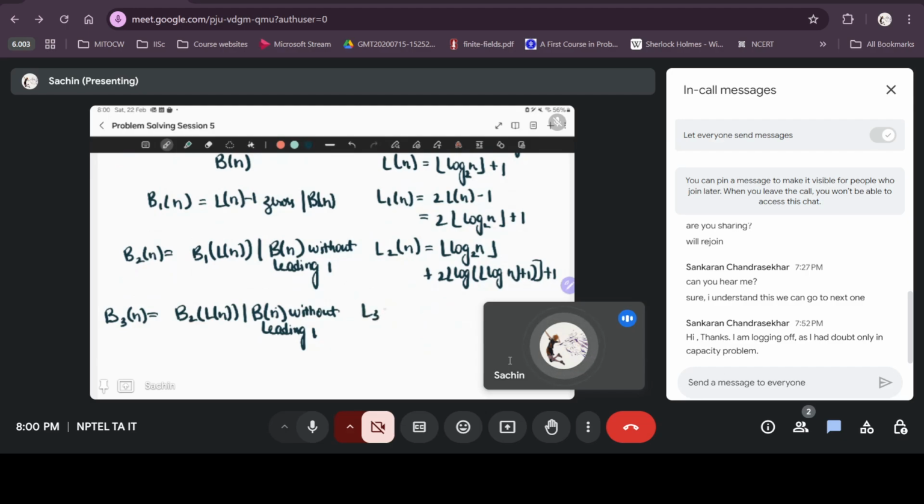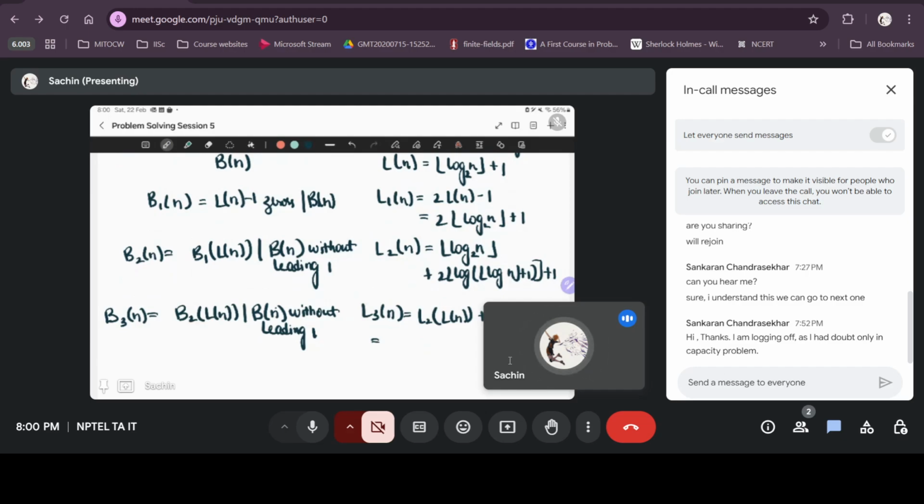So now L3 of n is L2 of L of n plus L of n minus 1. L2 of n is floor of log n plus 2 times floor of log n plus 1. So in place of n, you have to replace it by L of n. L of n itself is floor of log n plus 1.